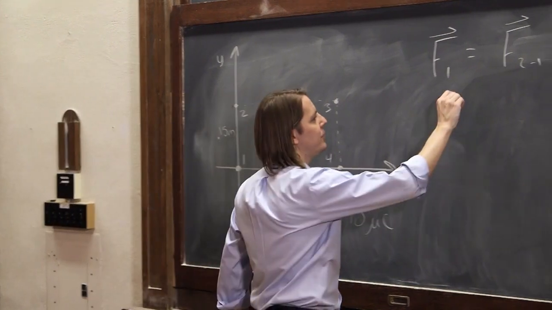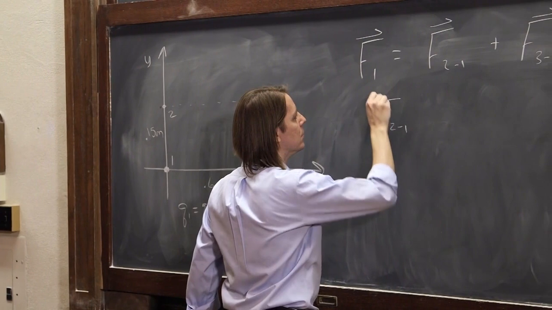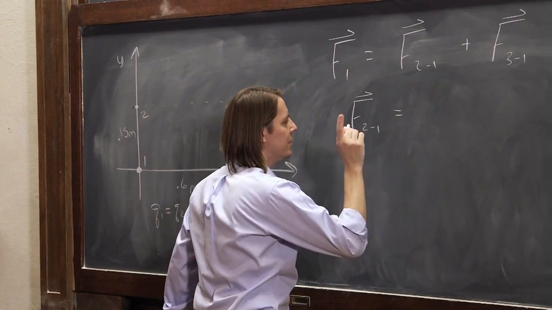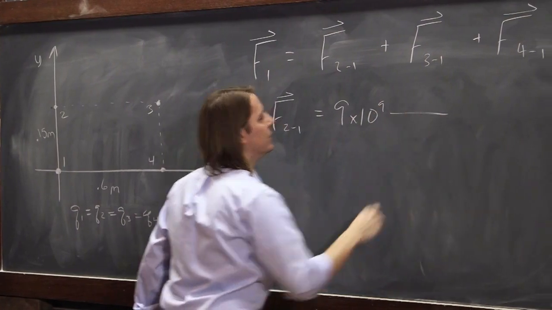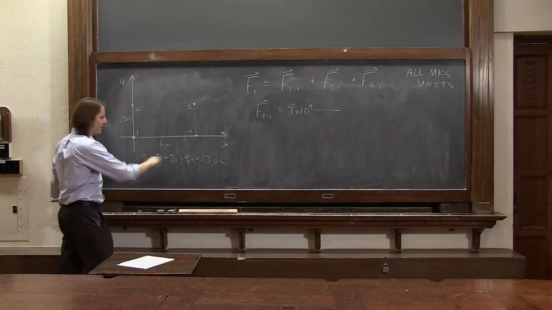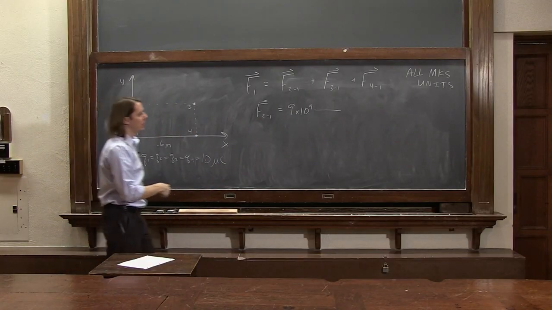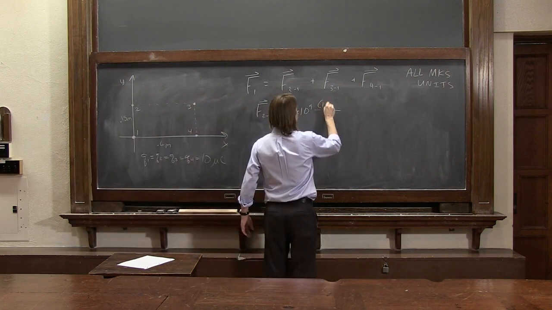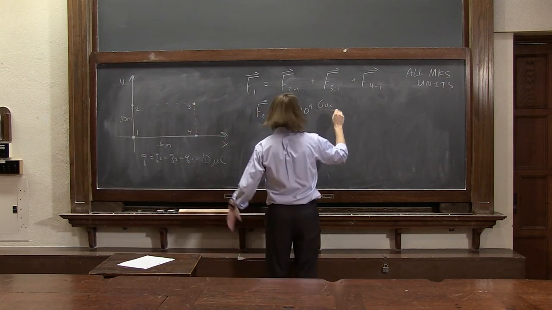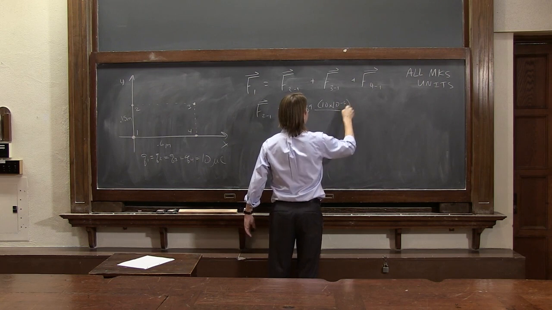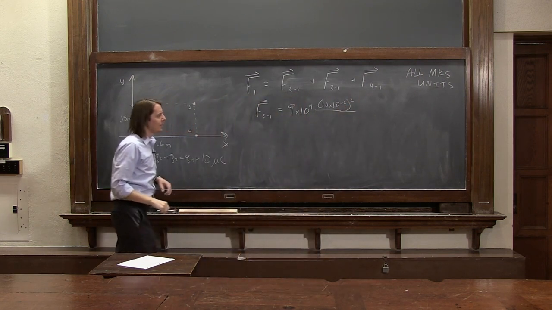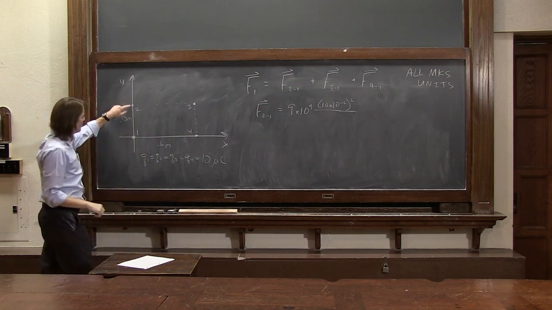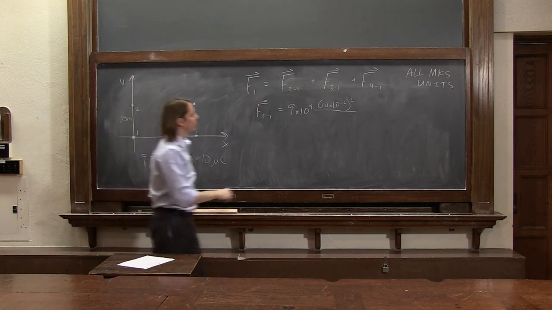Okay, so F21 equals KE, 9 times 10 to the 9, times the charge. And it's actually the same charge, so I'm going to write it squared. So it equals 10 times 10 to the minus 6 coulombs squared. Right, but I'm not writing coulombs. Over the separation. So 2, 1 was 0.15 meters squared.